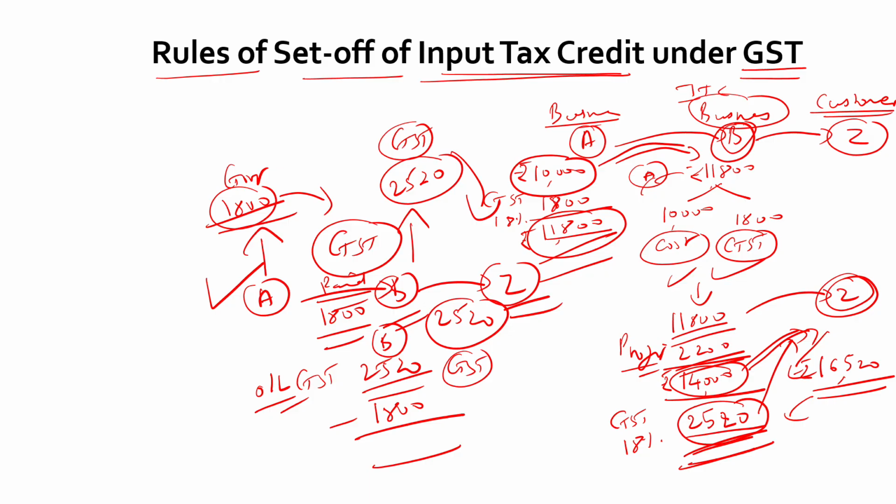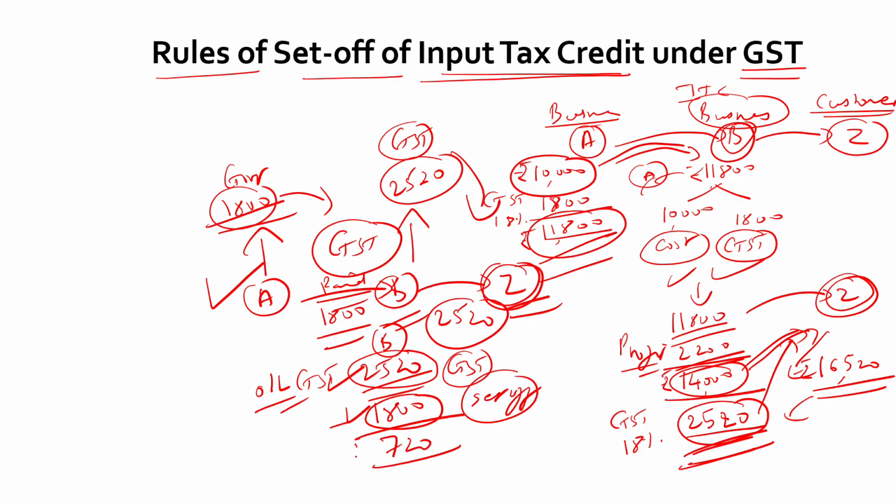So what Mr. B is saying is that I already paid 1,800, so why should I pay the entire 2,520? I am not the end user of this product. The end user is Mr. Z. So whatever I paid, 1,800, I want a set off. So what Mr. B is doing is 2,520 minus 1,800.